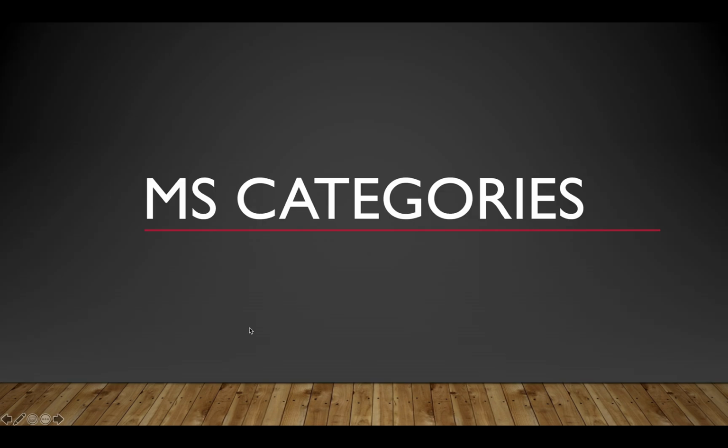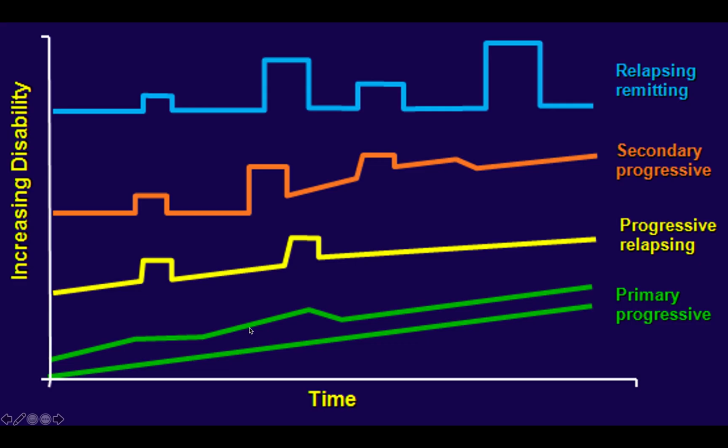So, multiple sclerosis categories or multiple sclerosis patterns. Here, this is the time, and this is the disability. As the line goes right, that means longer duration, and as the line goes up, that means increasing disability. First, we want to talk about relapsing remitting, which is the most common pattern of multiple sclerosis. Thankfully, it's a good thing.